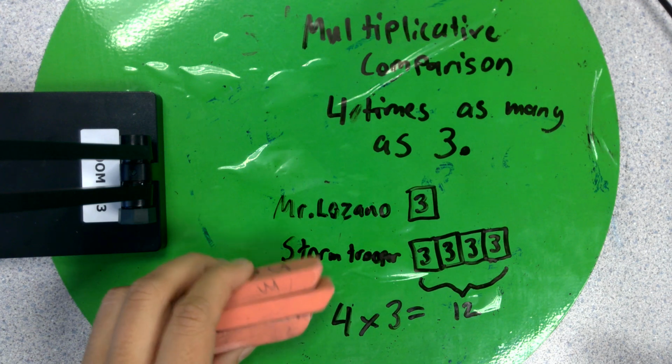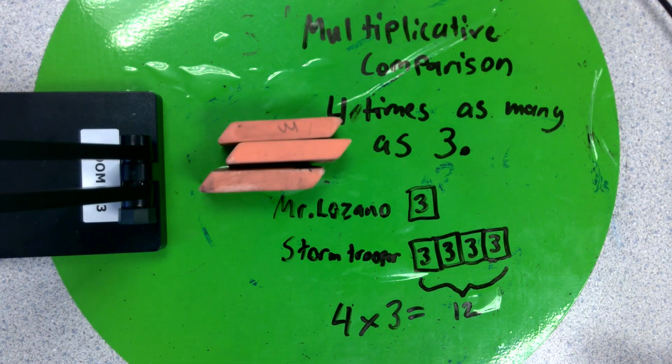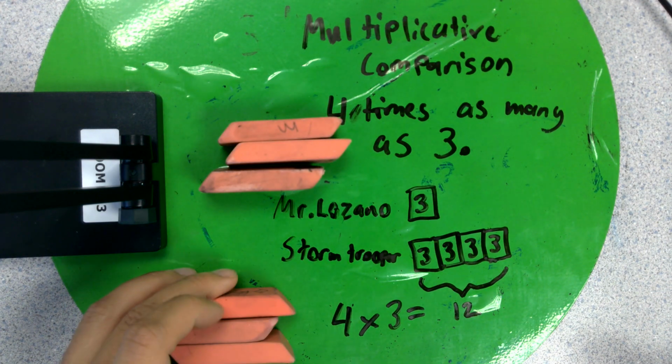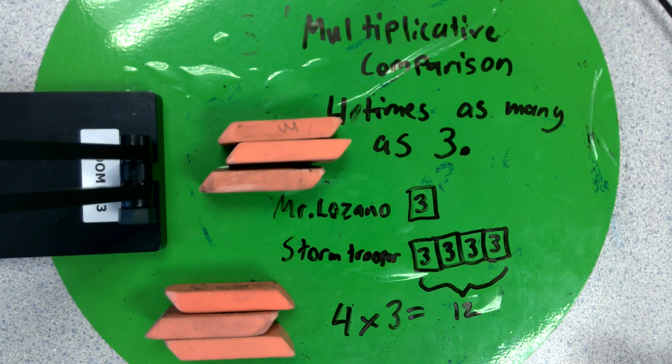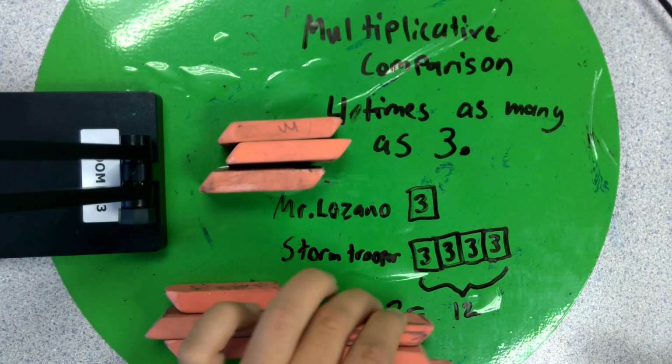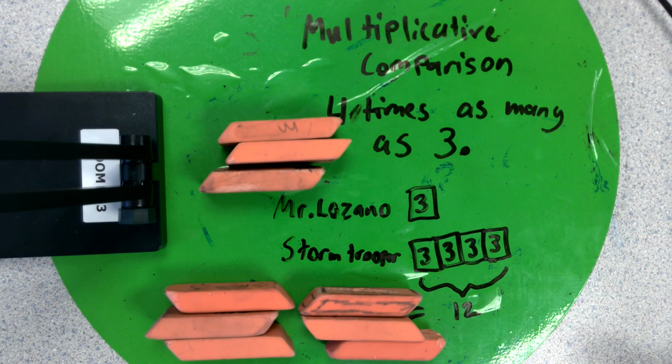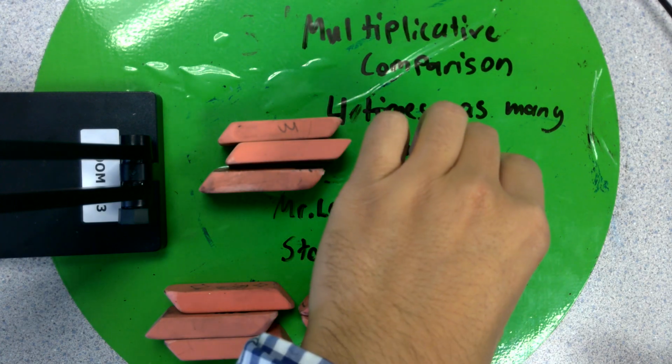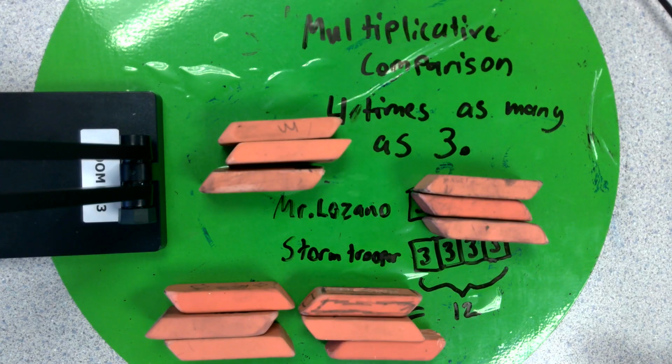So if the stormtrooper takes my 3 erasers, he's going to have 4 times as many. So here's a group of 3, another group of 3. So far 2 groups of 3. There's our 3rd group, and here is our 4th group.